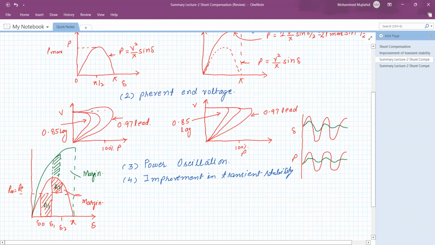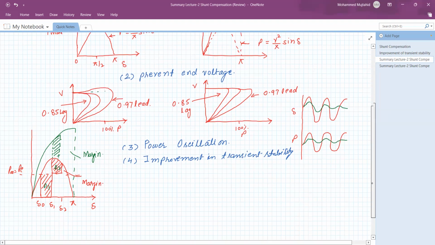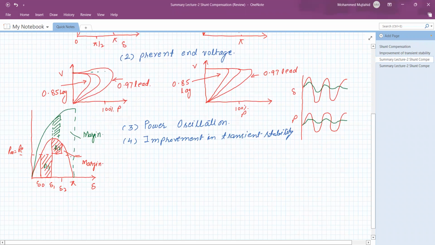So this is the marginal area for the uncompensated line, which has less chance of being stable, whereas with the compensated line a large marginal area is available, and the transient stability of the system can be improved very well. These are the points related to the last lecture.